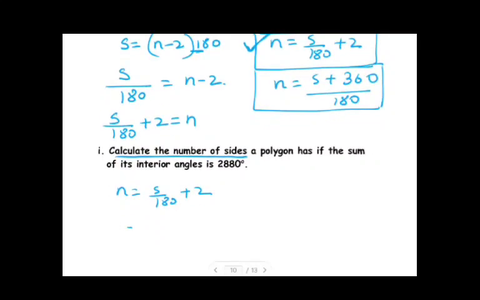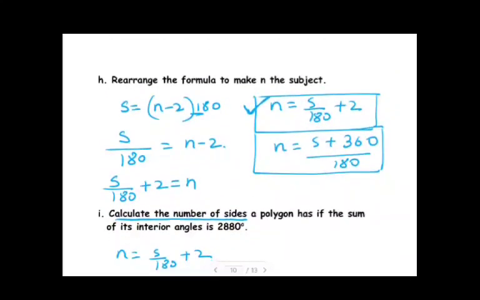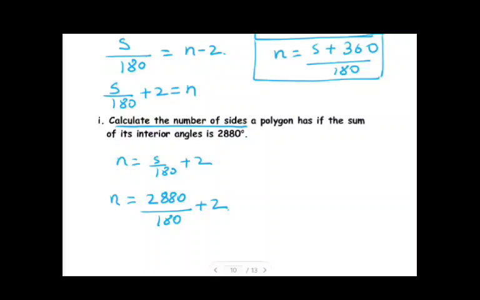S denotes the sum of the interior angles.